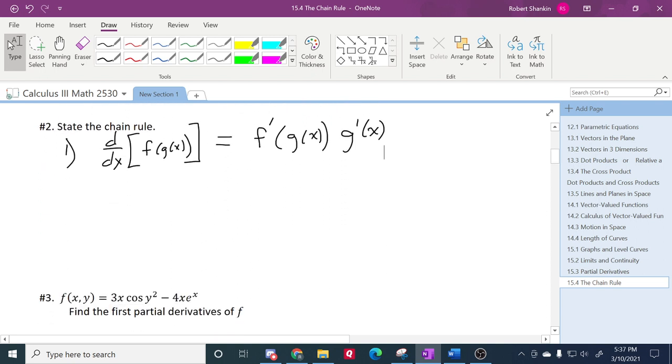Now the other way to state the chain rule is dy dx. You get to pick an intermediate function, u.